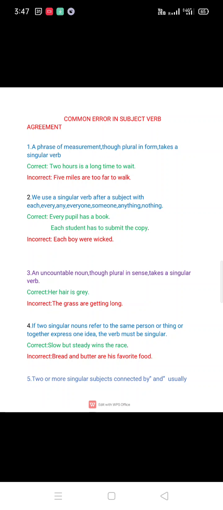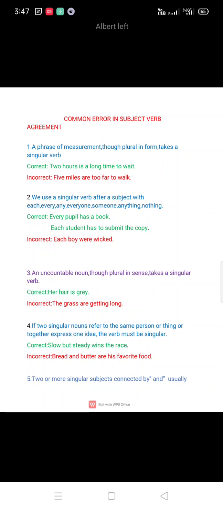And these phrases of measurement, you can see here, are plural in form, right? 2 hours, 5 miles, 10 miles, or 10 kilograms. These are all phrases of measurement and also plural in form, right? But you have to remember that a phrase of measurement always takes a singular verb.